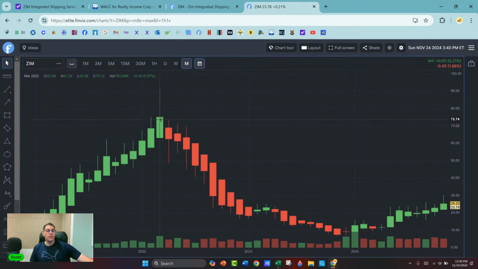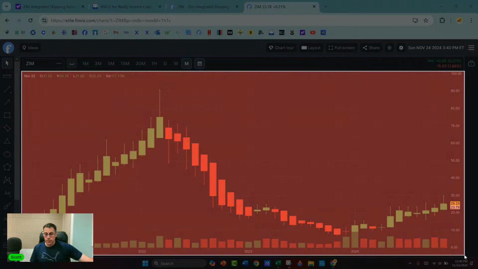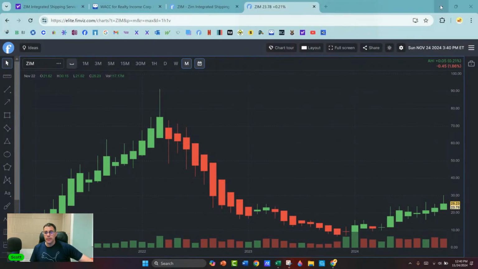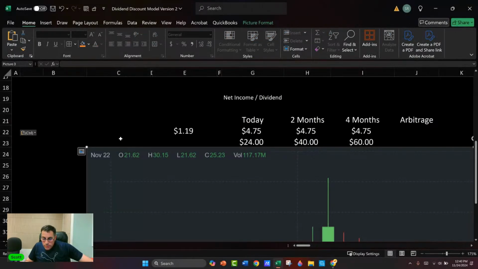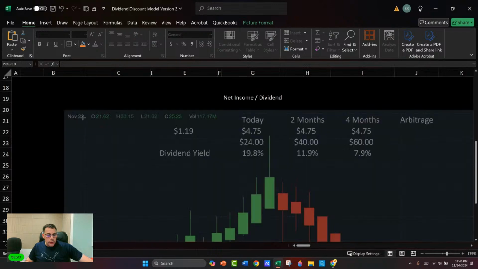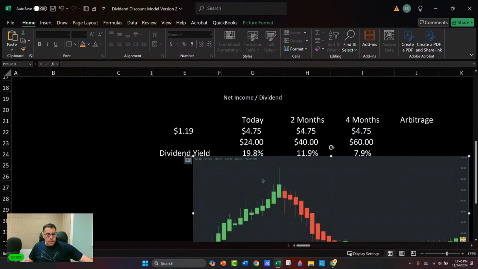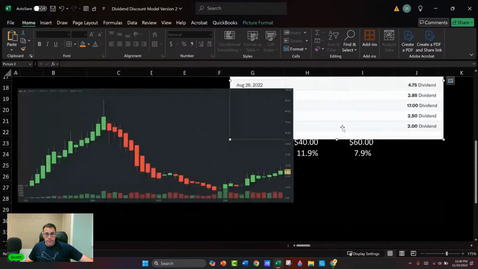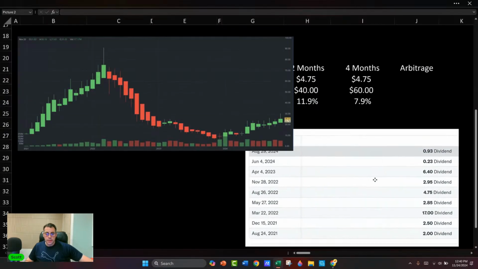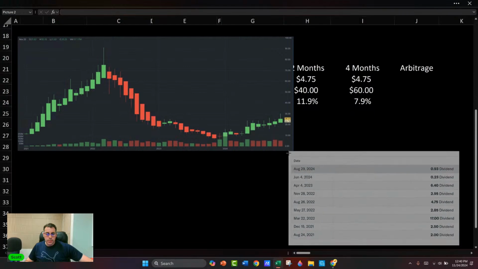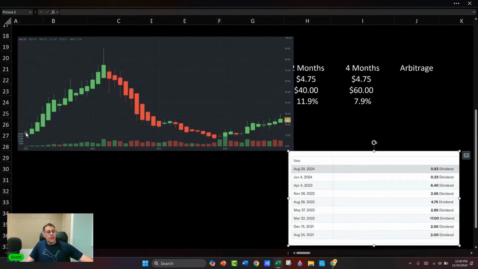And then in March 2022, there was lots of buying activity up through March 2022.